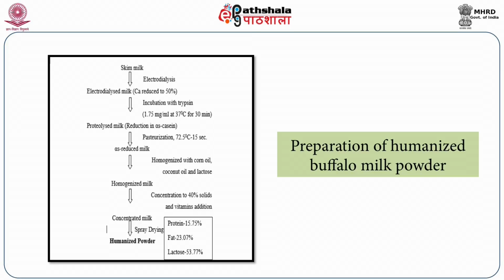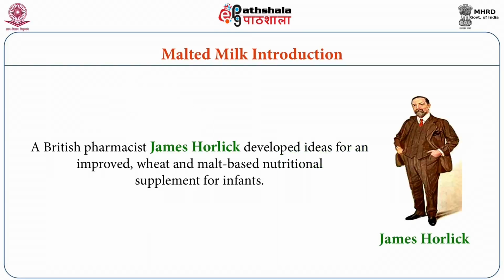This condensed milk is subsequently spray dried to get humanized milk powder. The final formulation contains protein 15.75%, fat 23.07% and lactose 53.77%. The second important dried milk is malted milk.